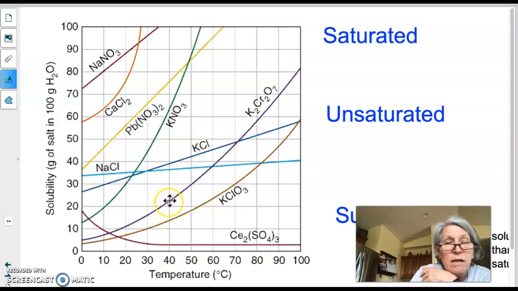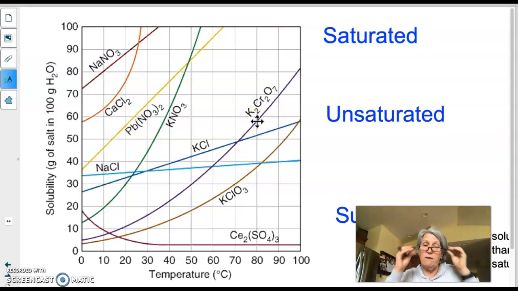If we look here at the saturated solution of potassium dichromate, it looks like about 22 grams of potassium dichromate could dissolve in 100 grams of water at 40 degrees C. But if we go all the way up to about 80 degrees C, a lot more potassium dichromate can dissolve, almost 58 grams of solute into that 100 grams of water.